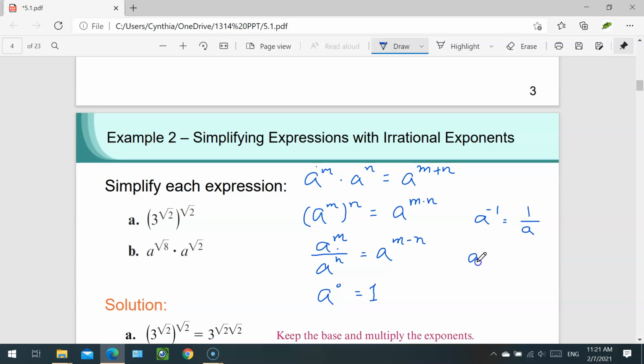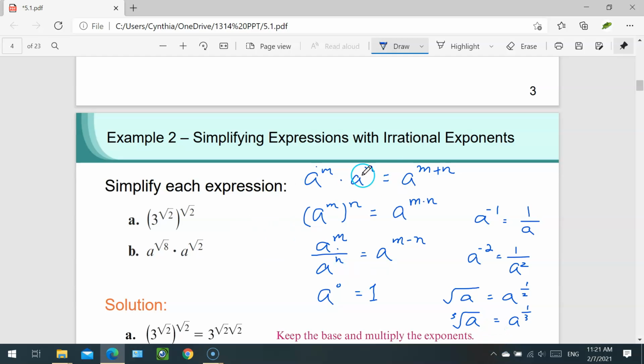In other words, a to the power negative 2 turns to 1 over a to the power 2. Square root of a is equivalent to a to the power 1/2. Cubic root of a is equivalent to a to the power 1/3.